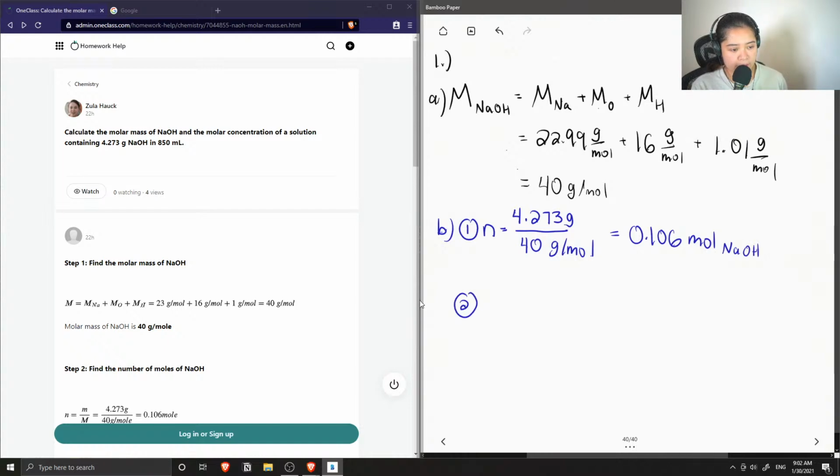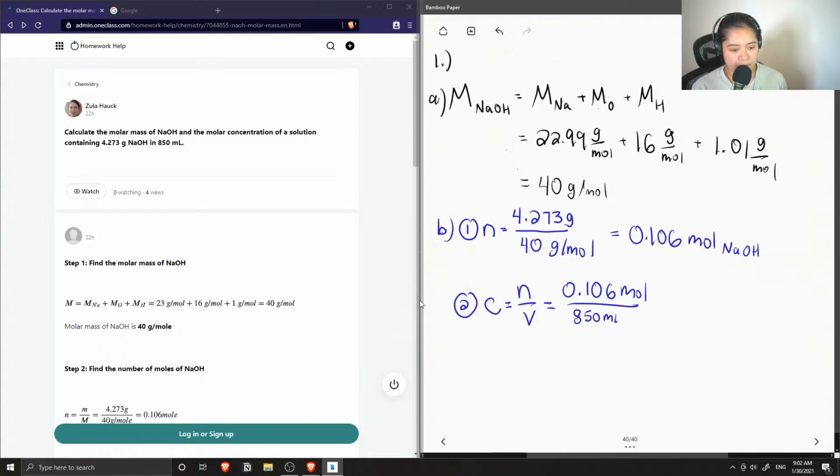So now that we have the number of moles, we can calculate concentration by using the formula number of moles over volume. So we calculated our number of moles, and we just need to convert our volume to liters.